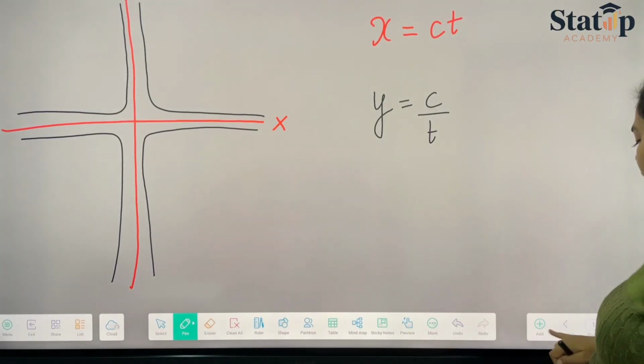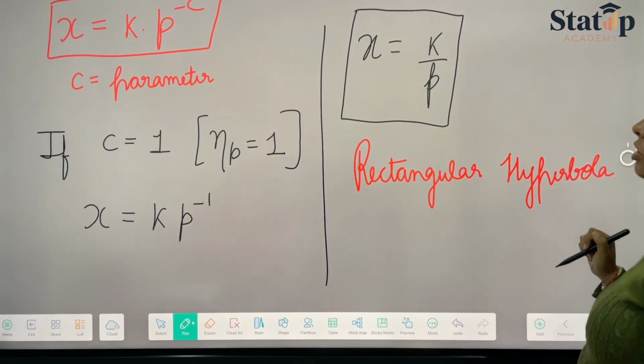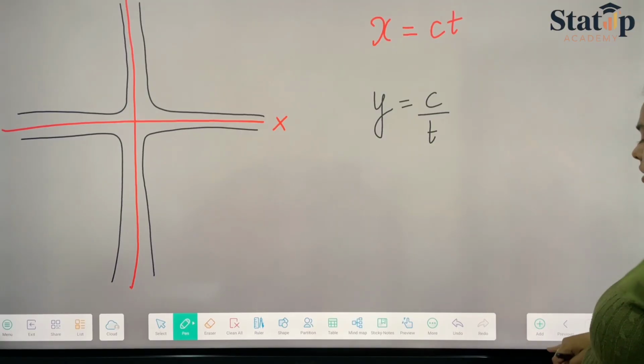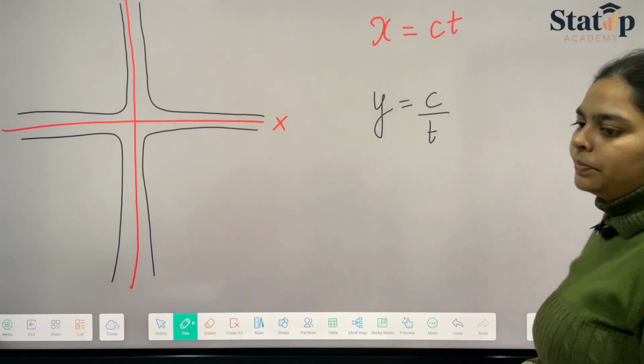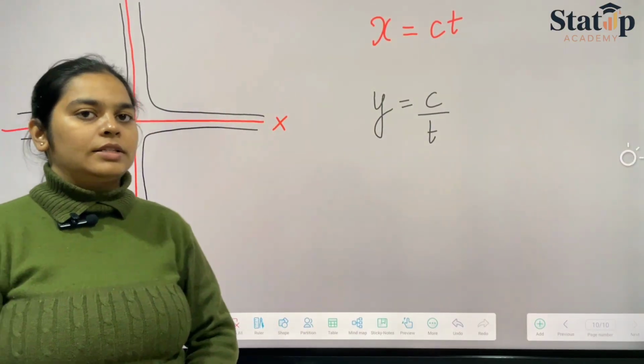The equation that we have got, x equals k upon p, where p is the parameter, is a similar kind of equation. These are known as rectangular hyperbolas. So this completes your price elasticity of demand.